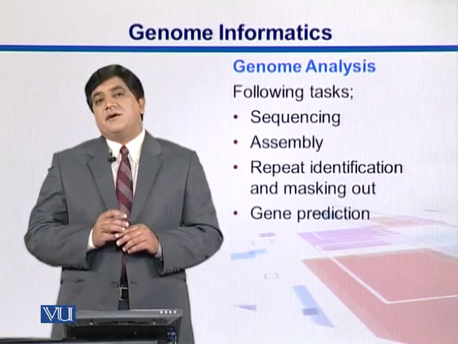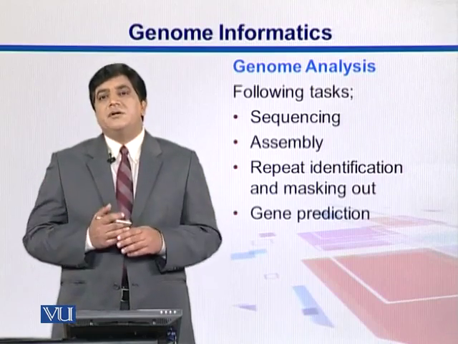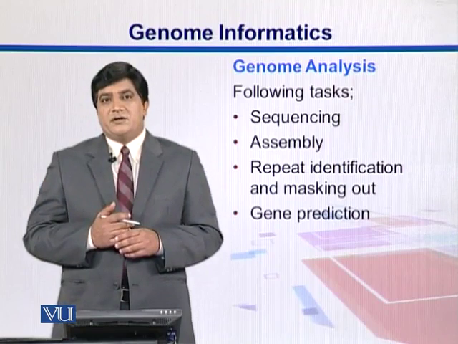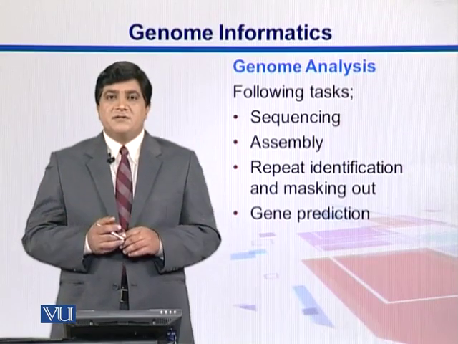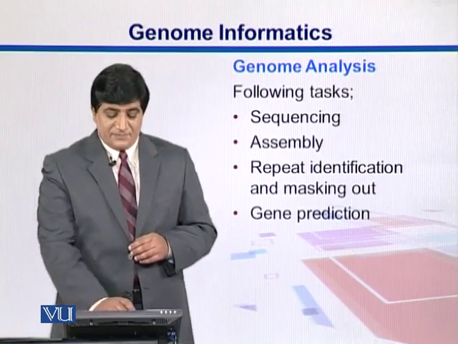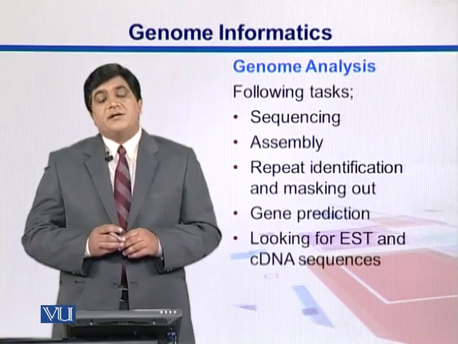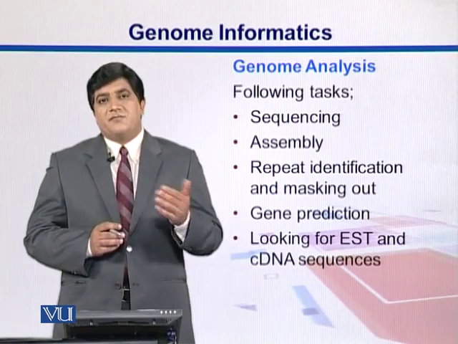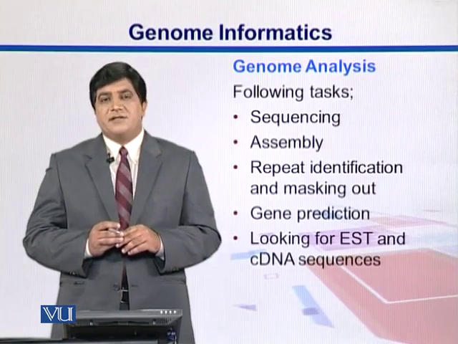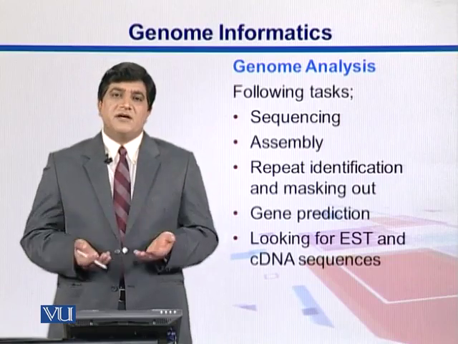After we have assembled a finished genome, now we can go for prediction of the genes. We can find the genes by using different patterns or features of those genes. We can also look into the ESTs and cDNAs, the parts from where the genes are expressed and then transcribed into messenger RNA.